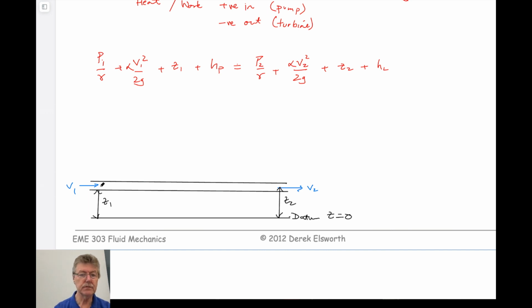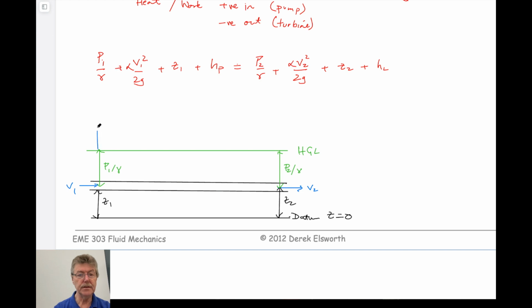Do we have pressure as green? And we called this the hydraulic grade line, HGL. So this is P2 over gamma. This is P1 over gamma.